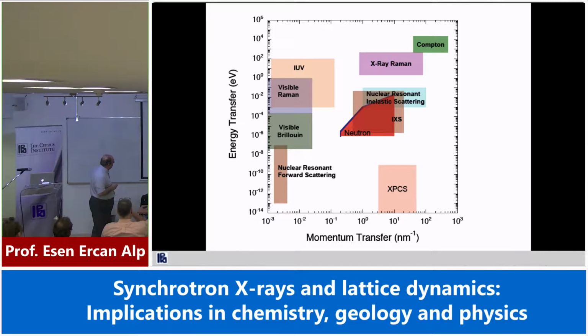For example, if you are in infrared, you cannot transfer too much momentum because the energy is very low, and therefore you will be looking at the center of the zone, so you cannot get into the Brillouin zone region. And the Brillouin zone is a wonderful concept solid-state physicists developed in the 1930s.